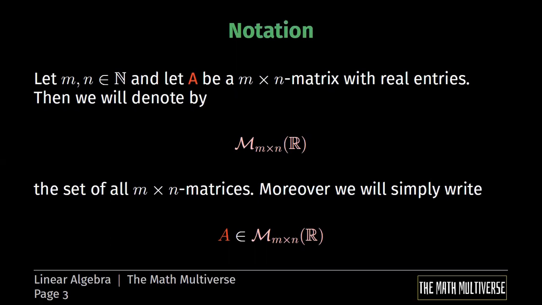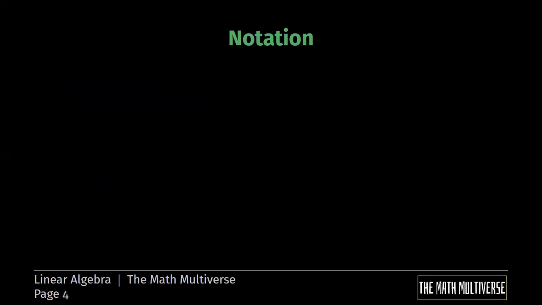And what happens when A is a square matrix, when small m and small n are the same? In that case, we can ease the notation a little bit.